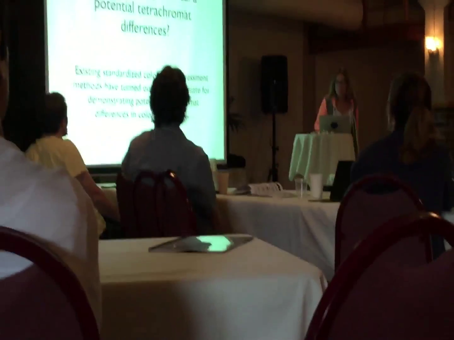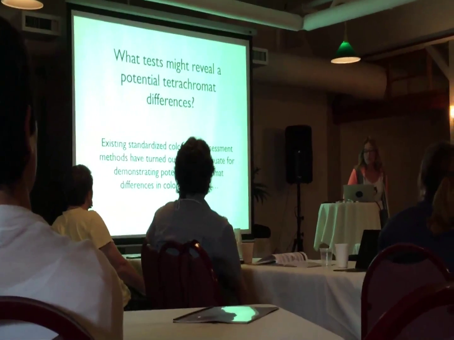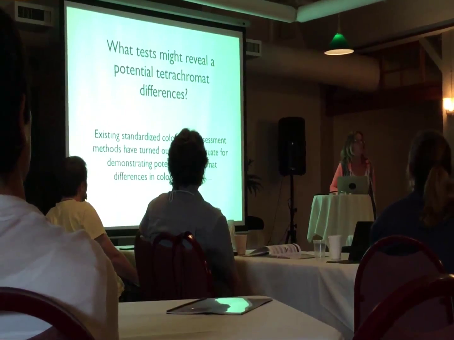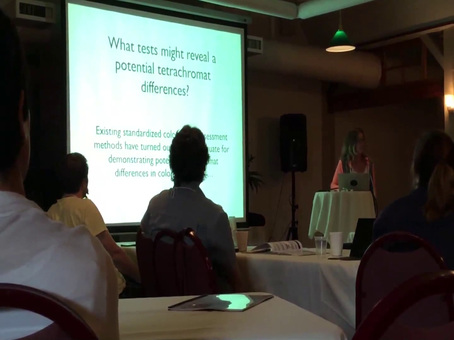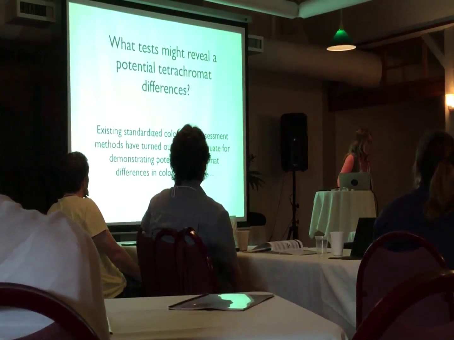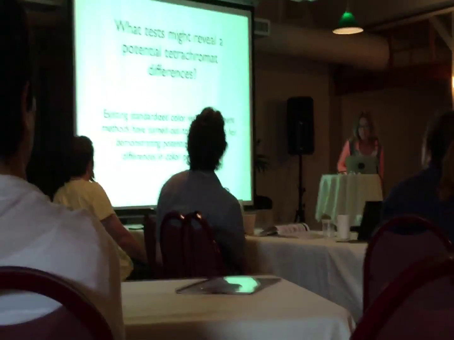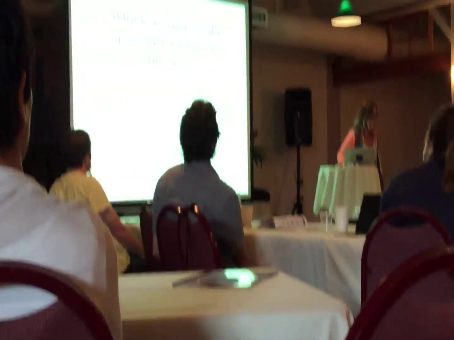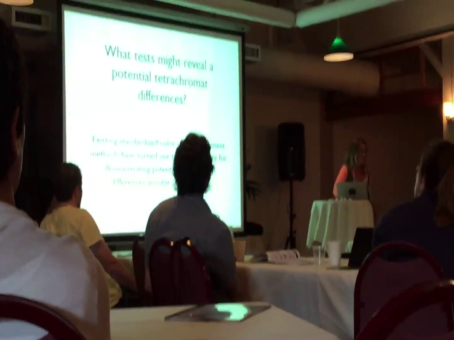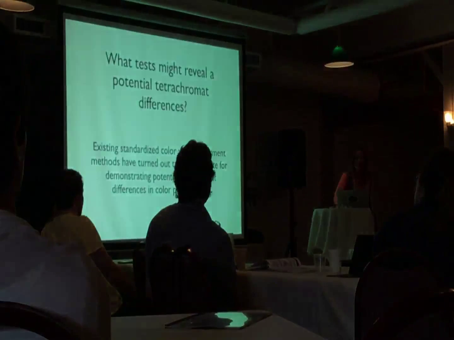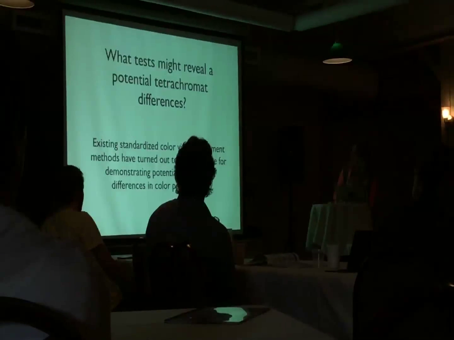A question that has been asked is what kinds of tests might reveal a potential tetrachromatic difference if one exists. And it turns out that standardized color vision tests that are out there have been woefully disappointing in terms of being able to demonstrate whether or not a potential tetrachromatic difference exists when you have a person with a genotype with a genetic potential to express all these cone classes.